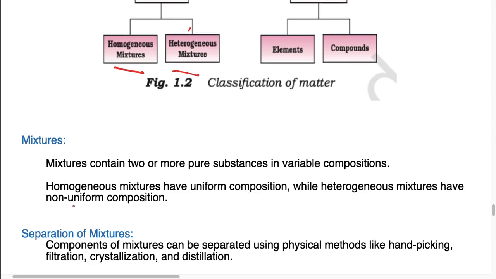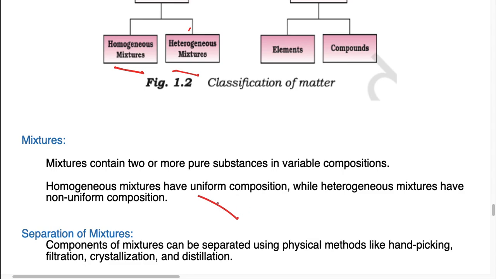So let's see the homogeneous mixture. A homogeneous mixture has uniform composition, while a heterogeneous mixture has non-uniform composition. The basic difference between heterogeneous and homogeneous mixtures is composition, how the mixture has been formed from compounds.